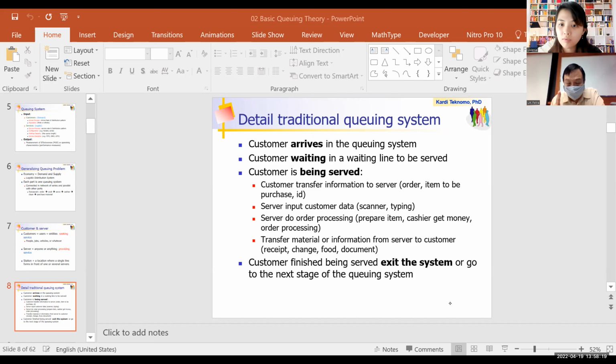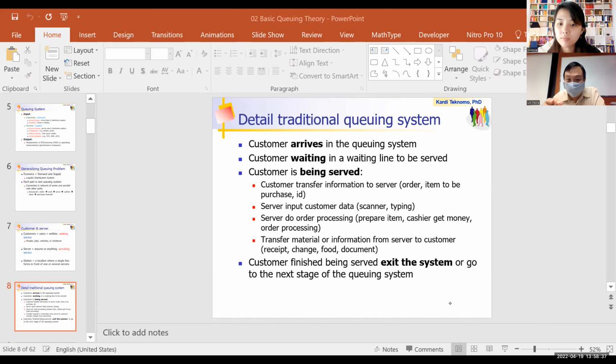So look at the detail, okay, when the customer is being served. Say you are in McDonald's, for example, the customer will transfer information, the order, for example, the item to be purchased, the ID, probably, to the server, right?